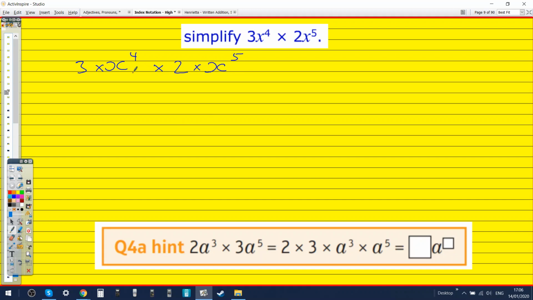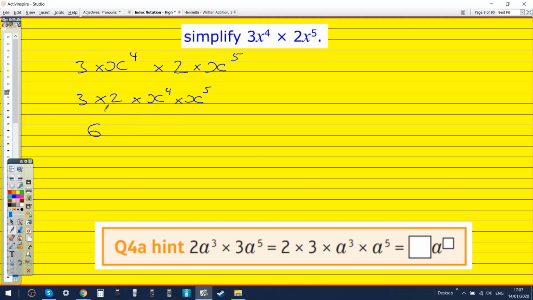And 3 times 2 is the same as 2 times 3. You can move them around, and so I can put the normal numbers next to each other and the indices next to each other. And so what do you get here? 6. Mm-hmm. Is it just 6 or is there 9 above?